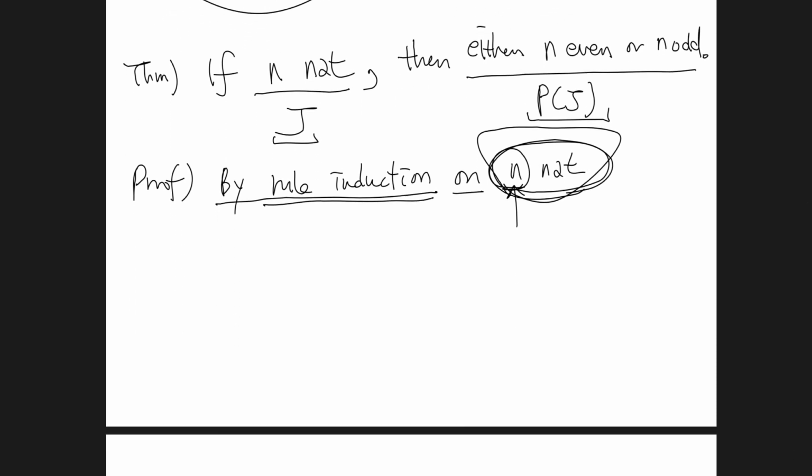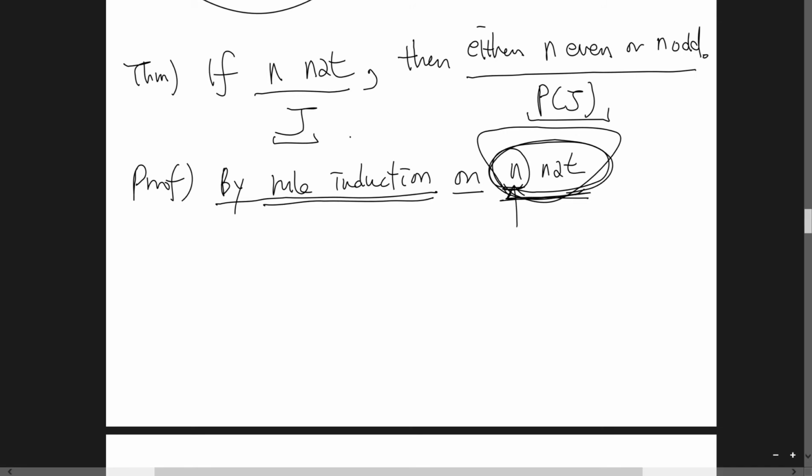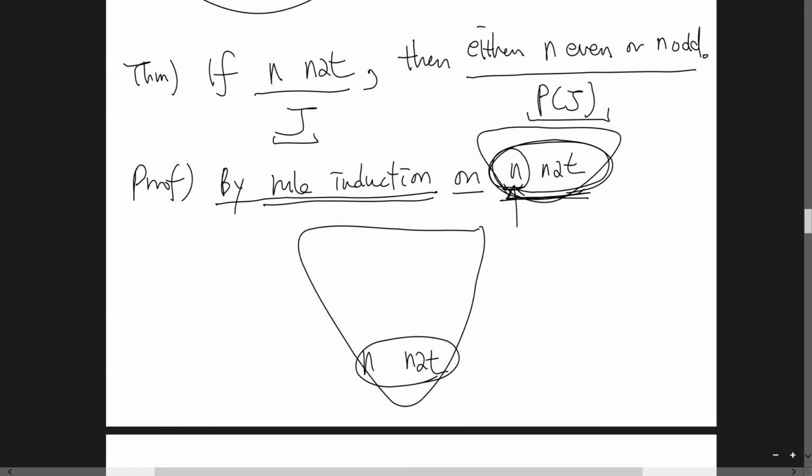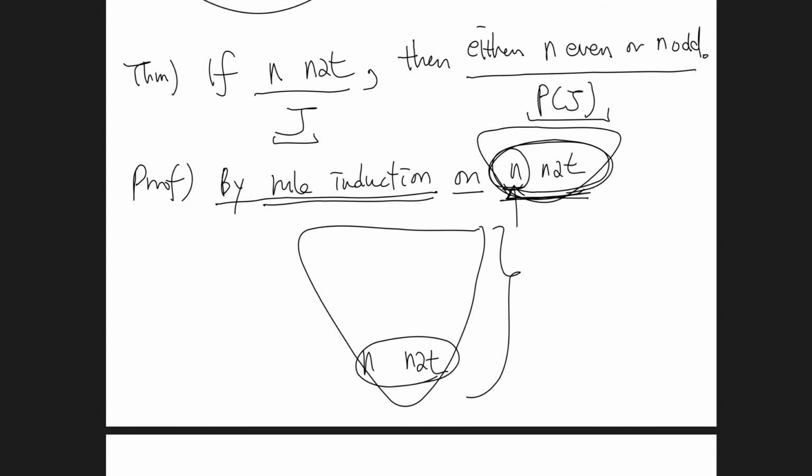What that means is that we assume that there is a proof of n nat, like we have this derivation tree where the root is this judgment, and we are going to analyze the structure of this derivation tree. That's the essence of this rule induction.